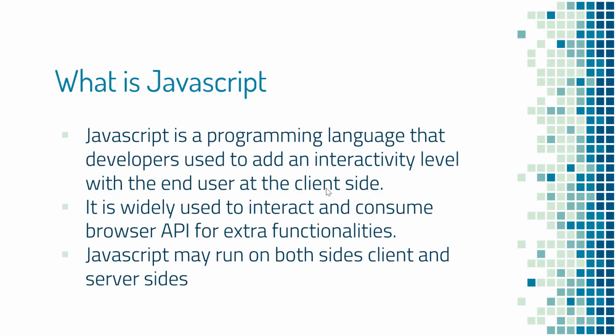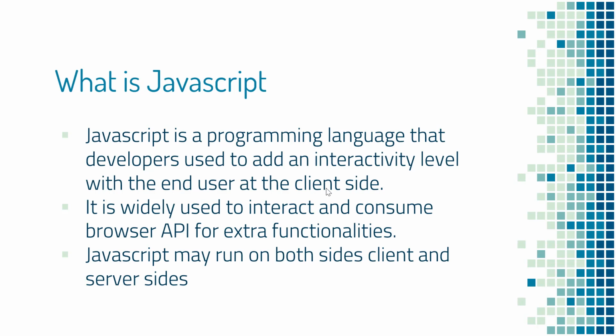So let's start with what is JavaScript. JavaScript is a programming language that developers use to add an interactivity level for the end user at the client side, which means most of the time, when we are talking about front end, your code will be rendered by the browser at the client side.